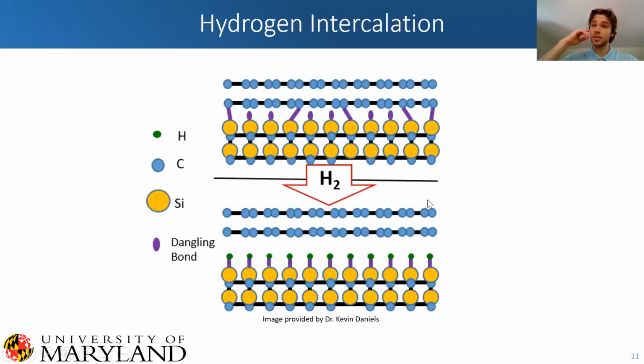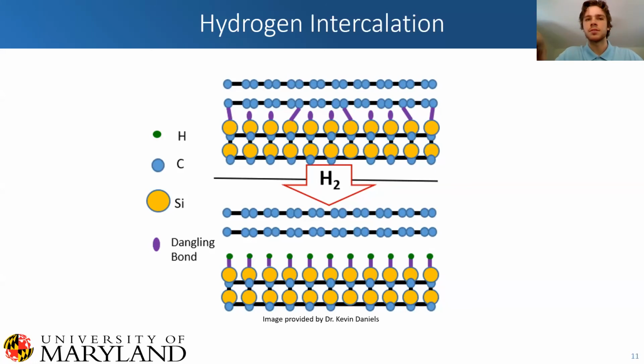But then when you flood the system with hydrogen at very high temperatures, usually around 1,000 degrees Celsius, the pi bonds kind of get cleaved, and then the dangling bonds get capped by the hydrogen atoms, as you can see here. And this does not allow electricity to flow between the two.